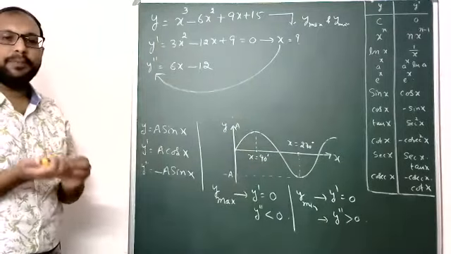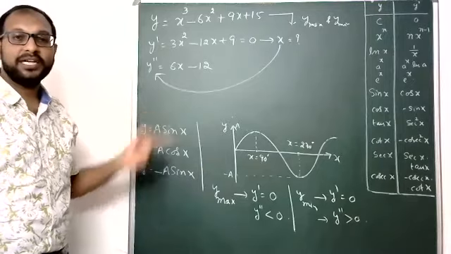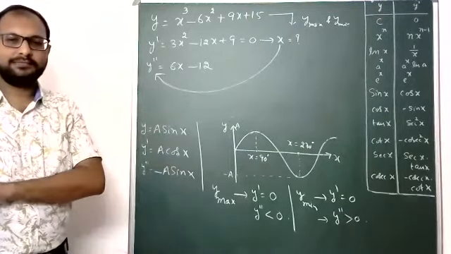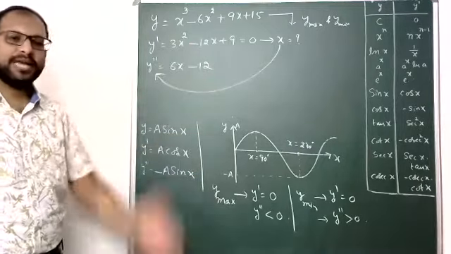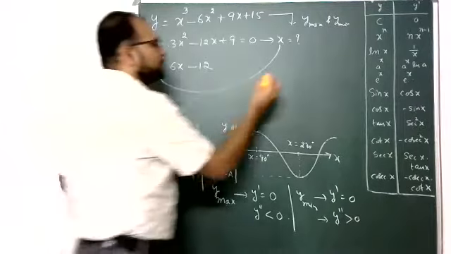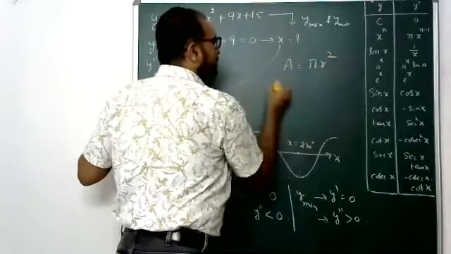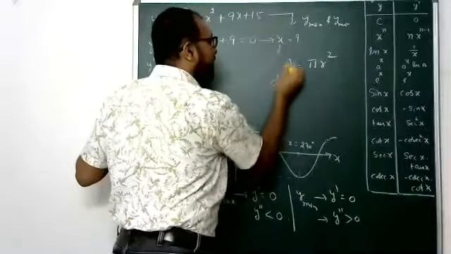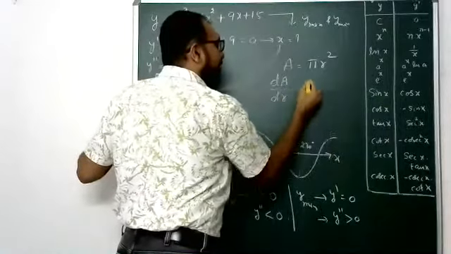So this is now the main application of our first differentiation, second differentiation related to physics. Many problems there on this. Yes, today some problems I will do. Next, suppose area of circle is pi r square. What is the derivative of area with respect to r?